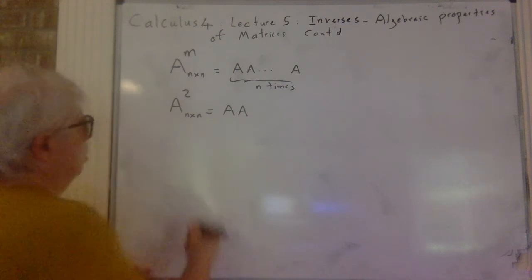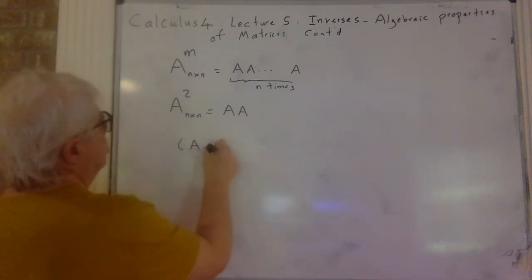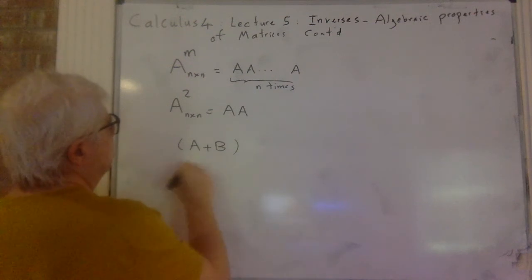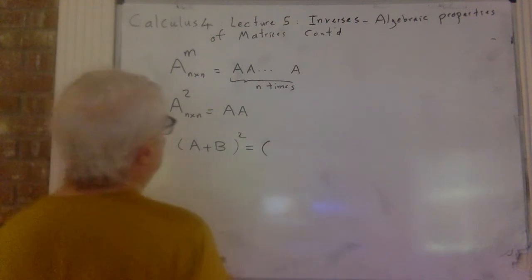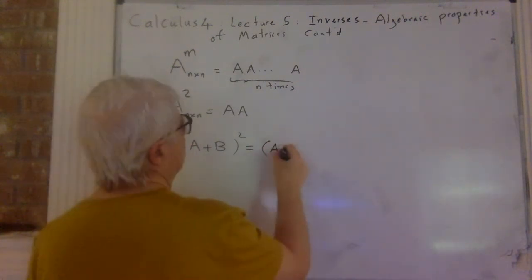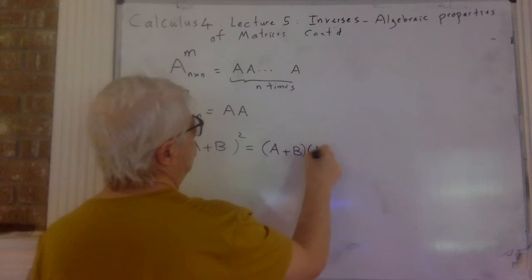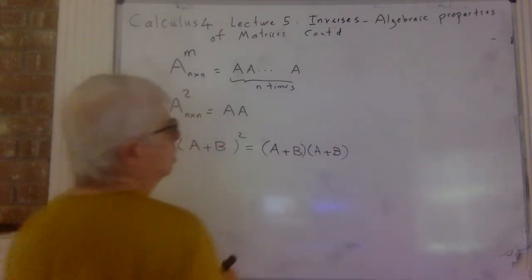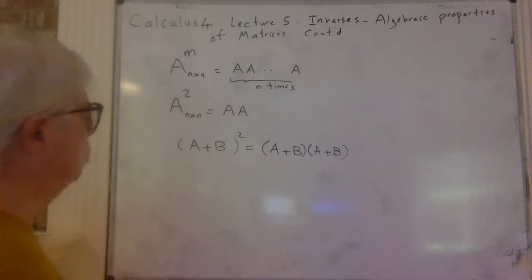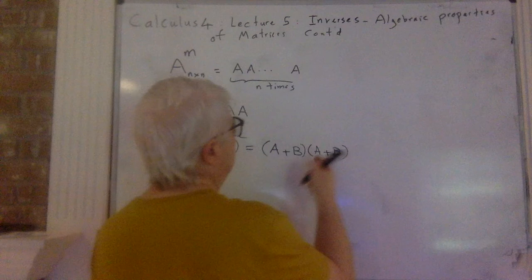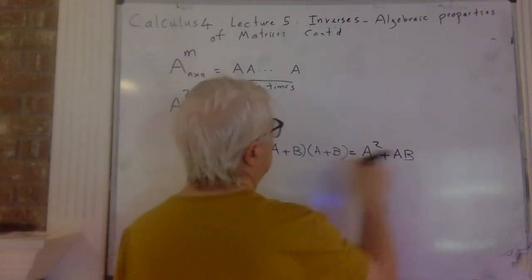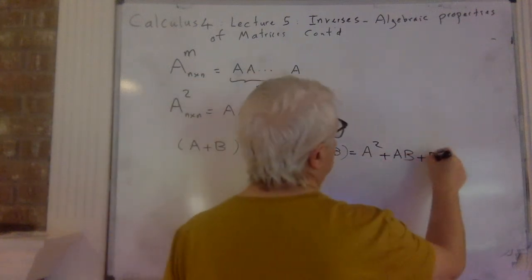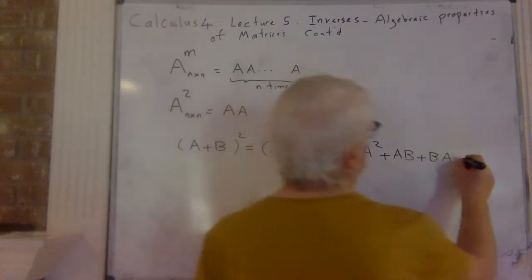And if I have A plus B, both n by n, and I raise it to the power 2, I have to use FOIL. I know for numbers there is a rule to find (A plus B) squared, but it doesn't apply here. So A times A is A squared, A times B is AB, B times A is BA, and B times B is B squared.